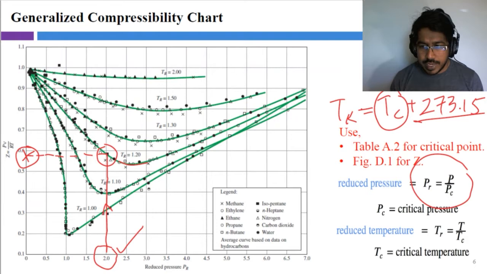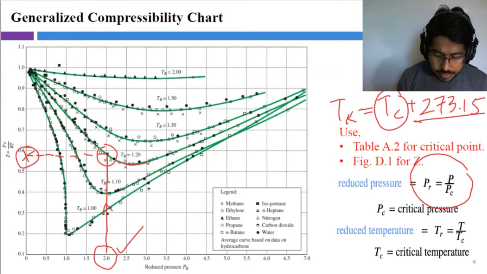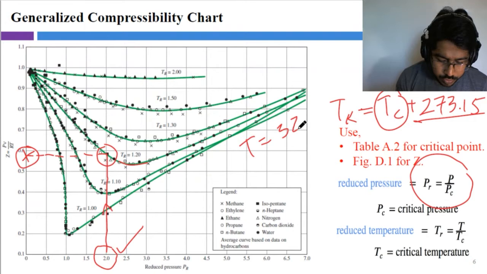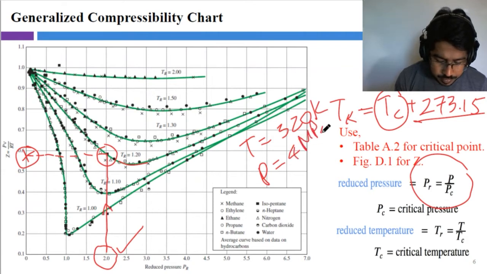Oh, why did we have 1.2? That was just a made-up question. In an actual question, what you would have is, let's say, your temperature is 320 Kelvin and pressure is 4 megapascals.